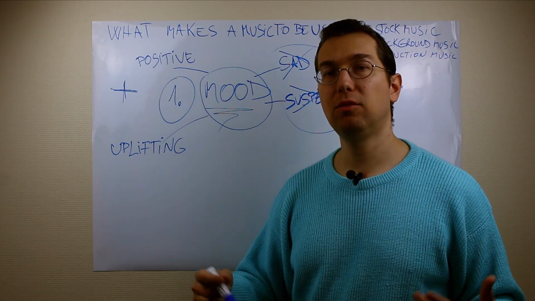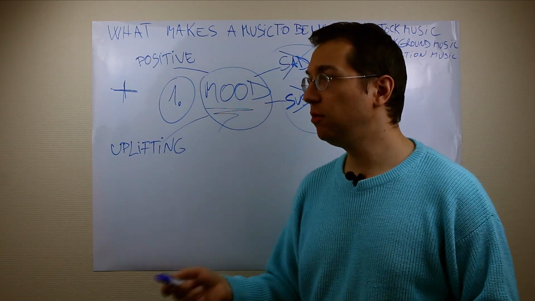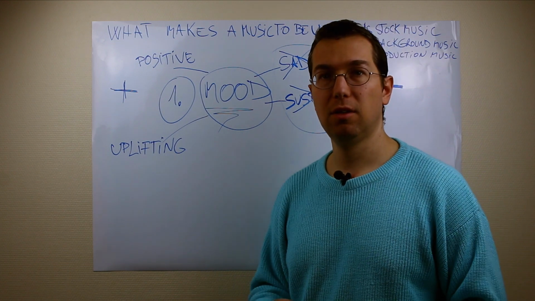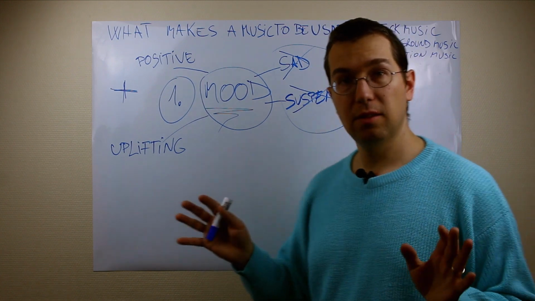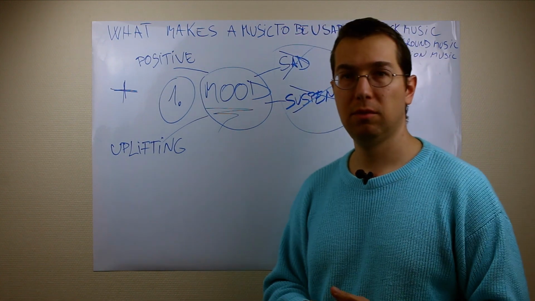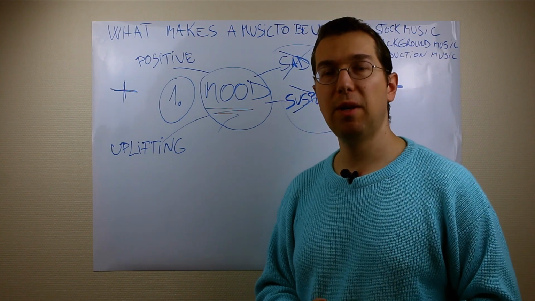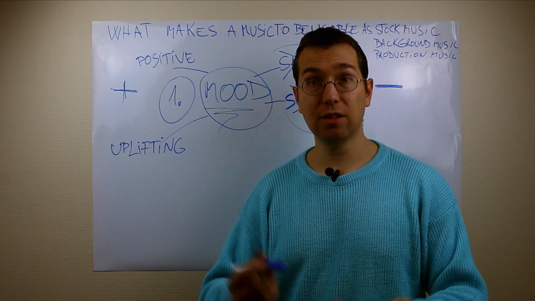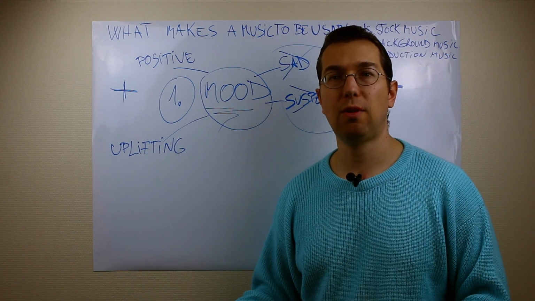When you start to compose music, you have to know at the beginning in what kind of mood your composition will be. But a very important rule is do not combine moods, because it will be very difficult for the video production companies to use your track.